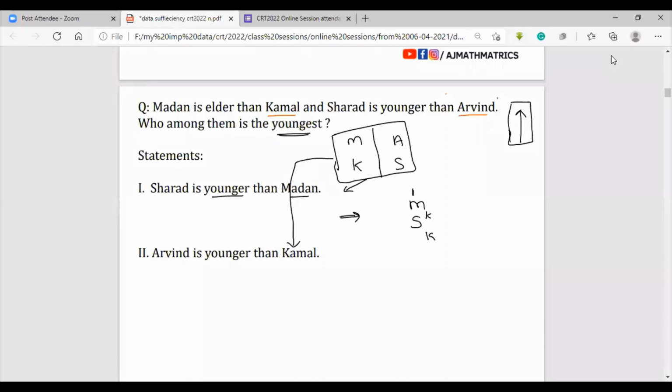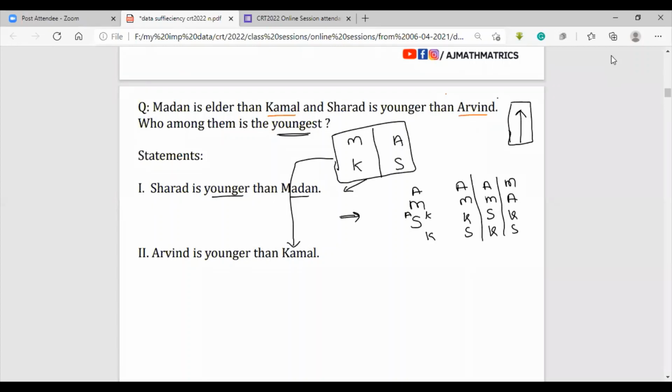Aravind may be above Madan, or Aravind may be in between Madan and Sharad. So I'm getting arrangements here: A, M, K, S. This is one arrangement. And A, M, S, K is also possible. And I can also get M, A, K, S. Something like this.